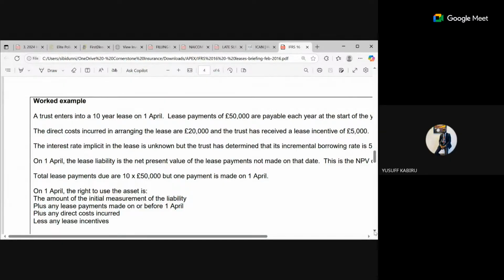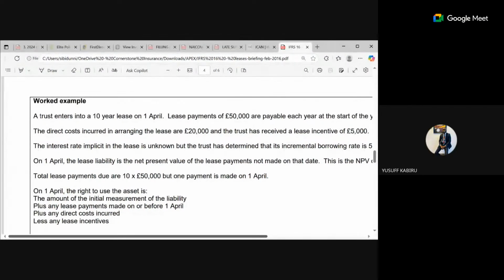Okay, so a good example is here. A trust enters into a 10-year lease on 1 April. Payments of 50,000, I think this one is pounds, if I'm not mistaken, I'm not sure it's euro, are payable each year at the start of the year.